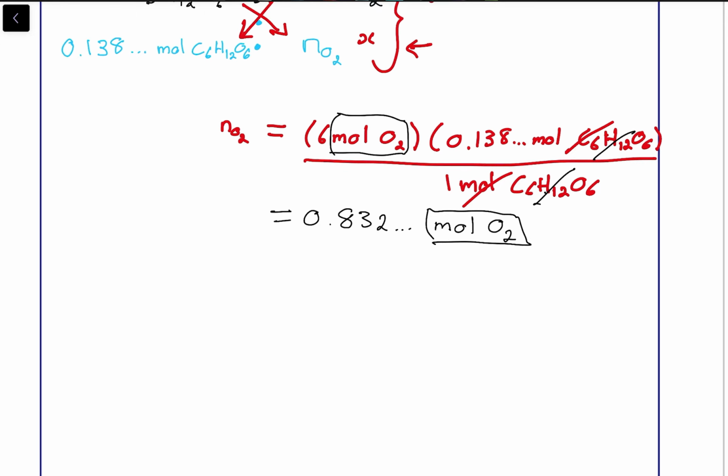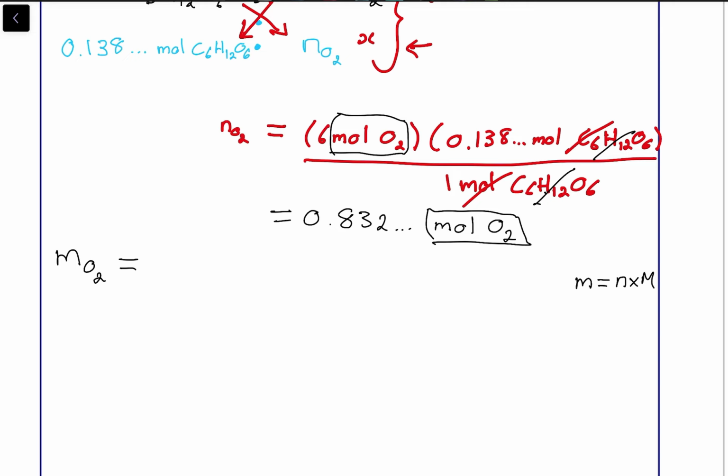But what do we want? We want the mass of O2. And to get the mass, well, you can go through a whole rigmarole. So remind ourselves, mass would be number of mole times the molar mass. That's your little cheat that you can remember. But we want you to do it in terms of the dimensional analysis method.